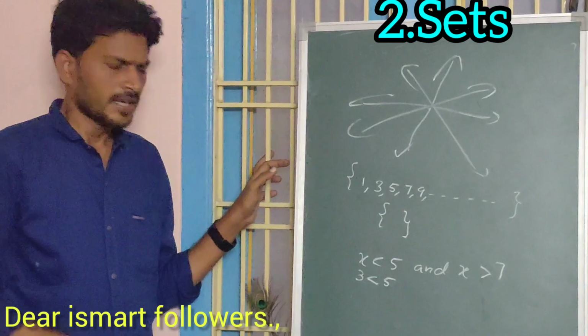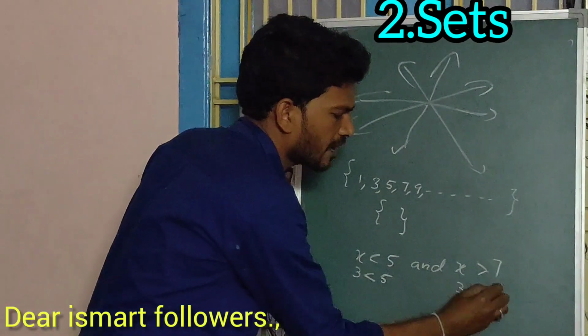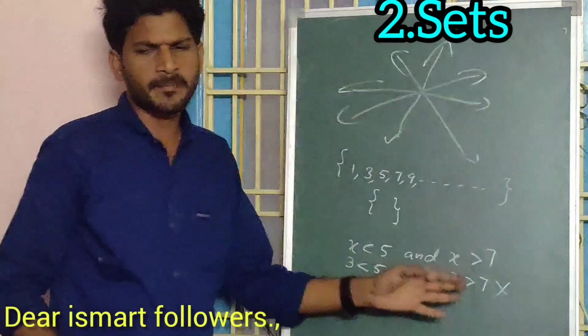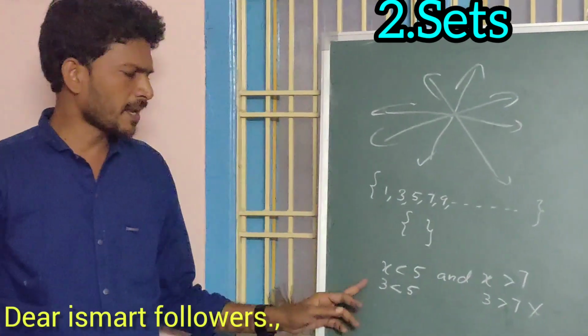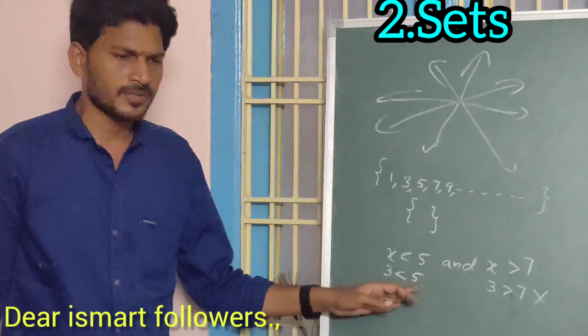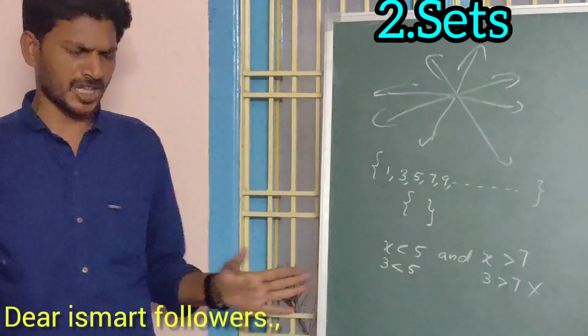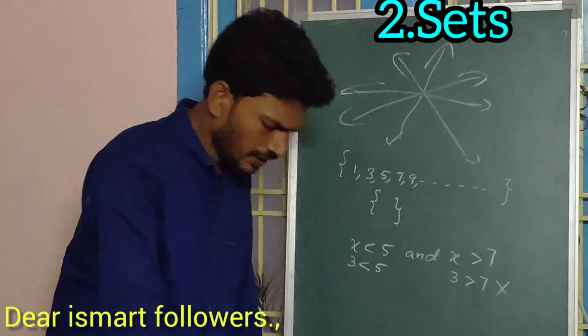Yes. Then put this 3 here: is 3 greater than 7? Is it possible? No, sir. It's not possible. So is there any number like that? No, sir. If you substitute a number that is less than 5, the same number cannot be more than 7. It's not possible. So that's why this is also an empty set.